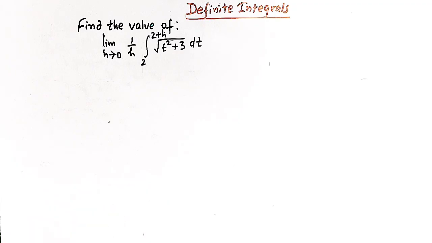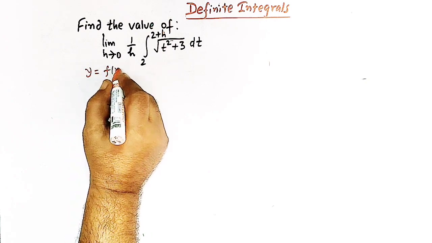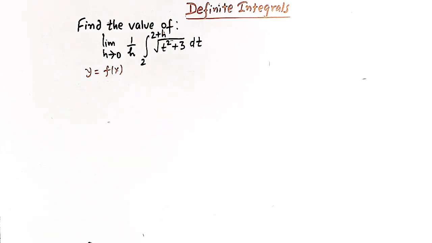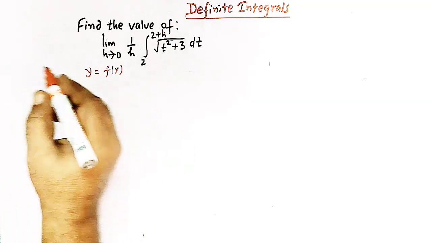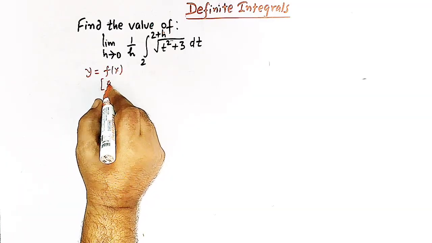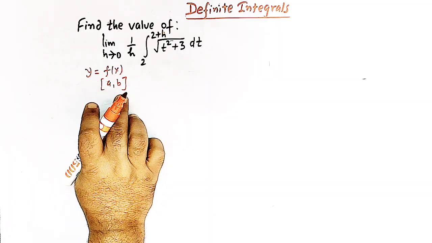Suppose we have a function y equal to f of x, a real valued function which is continuous in the closed interval a comma b.